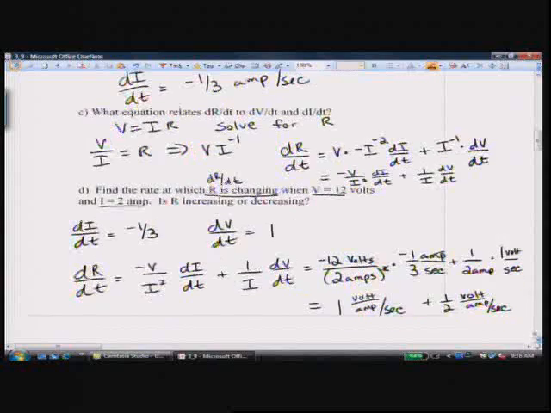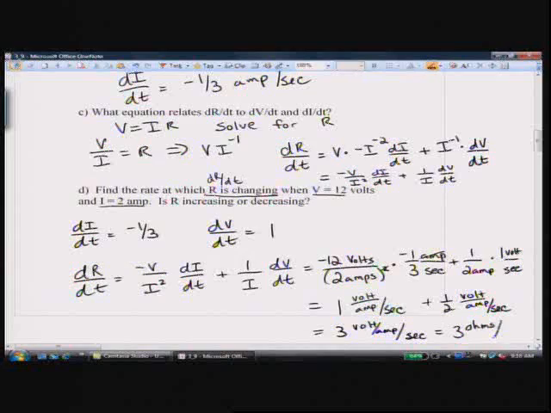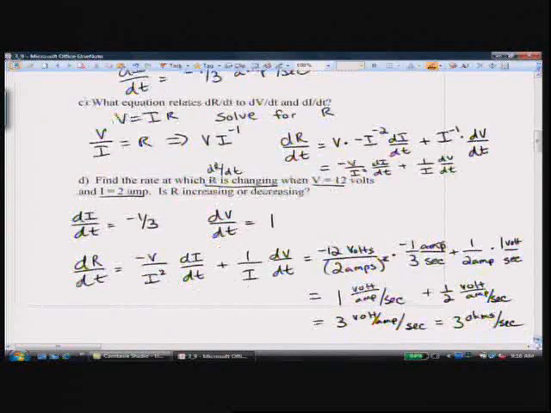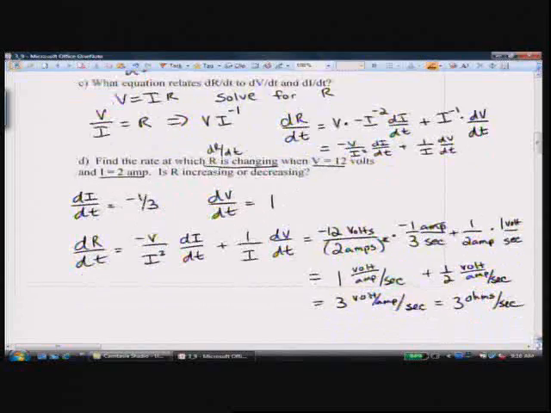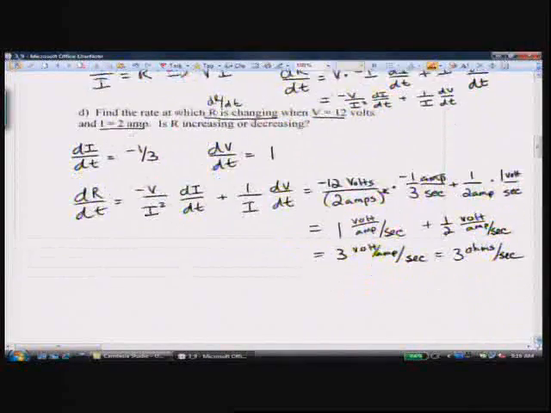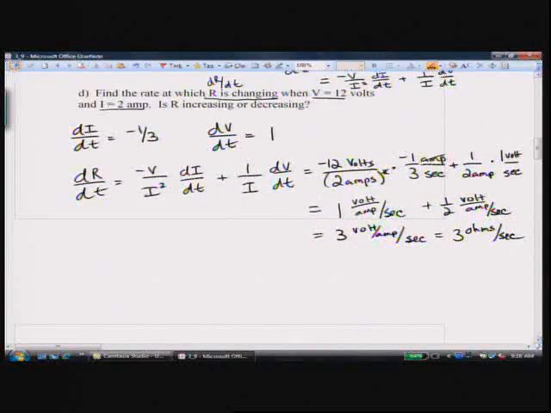And so finally, you do get 3/2 volt amps per second, which is 3/2 ohms per second. Okay, so I definitely need to model correct scientific behavior there, which is to use your units. I'm sorry I didn't do that.